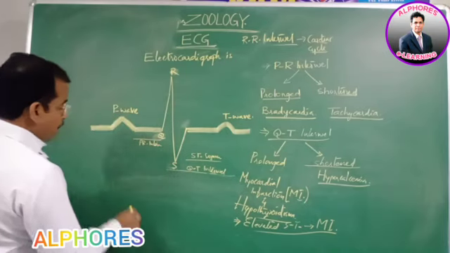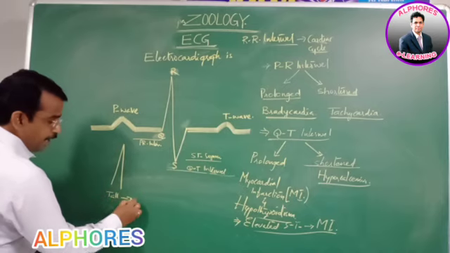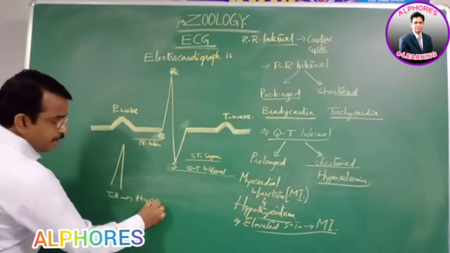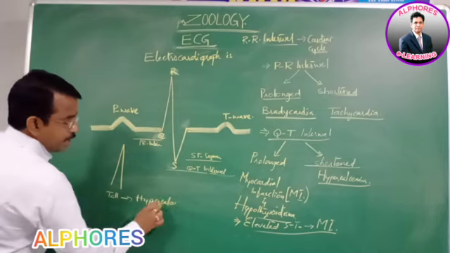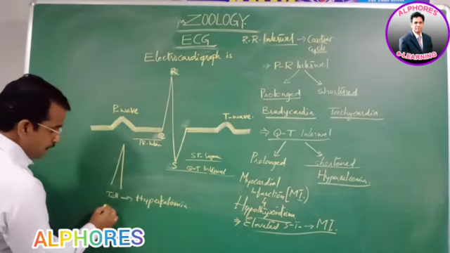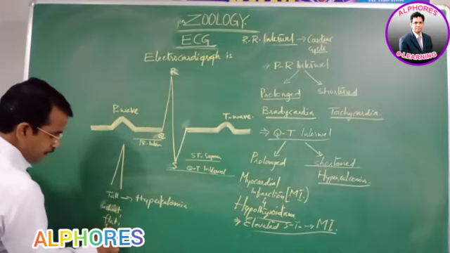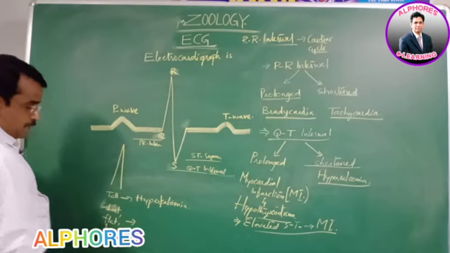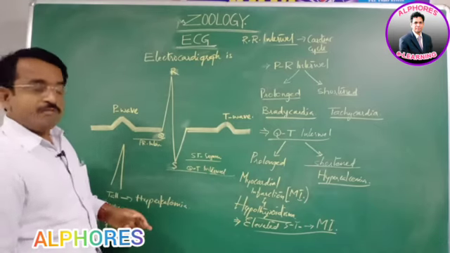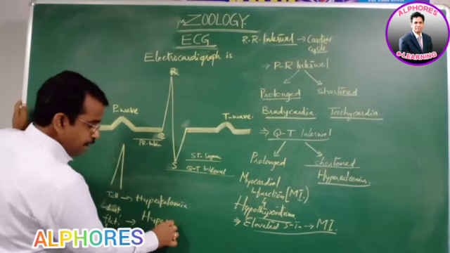A tall T wave indicates hyperkalemia, and a small, short, flattened and inverted T wave indicates hypokalemia.